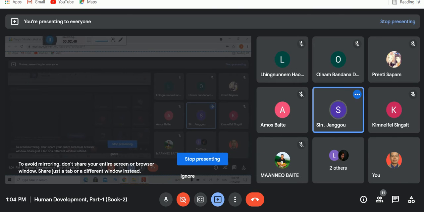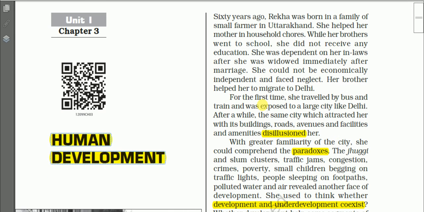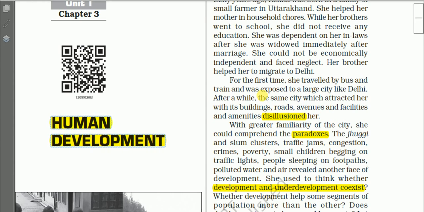After getting married, her husband also died due to some problems, and because of that she had to depend on her in-laws, and because of that she faced neglect, and her brother helped her to migrate to Delhi.